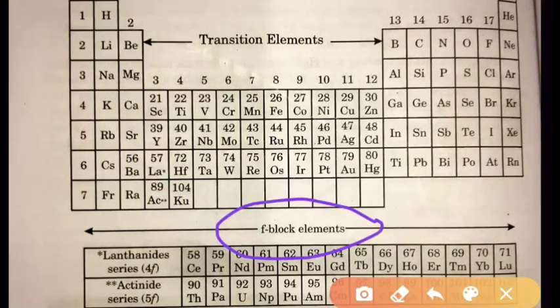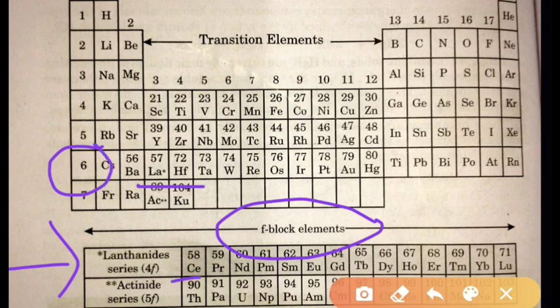The first series of 14 elements lies between lanthanum and hafnium in the 6th period, that is cerium to lutetium. The elements of the first series are called lanthanides or lanthanones and are also known as rare earth elements, while the other series of 14 elements lies between actinium and rutherfordium.